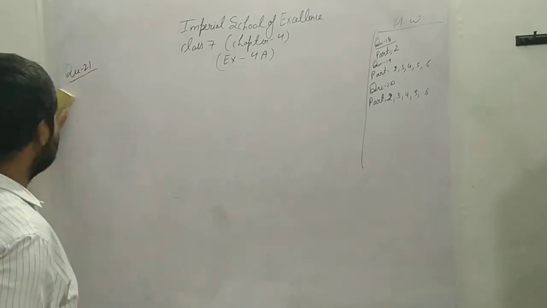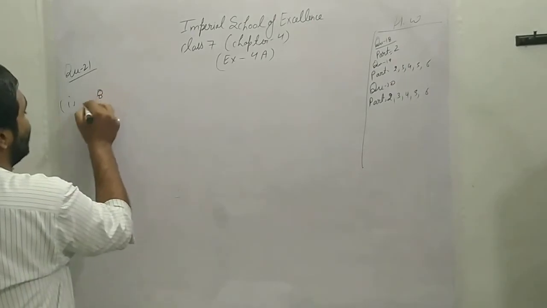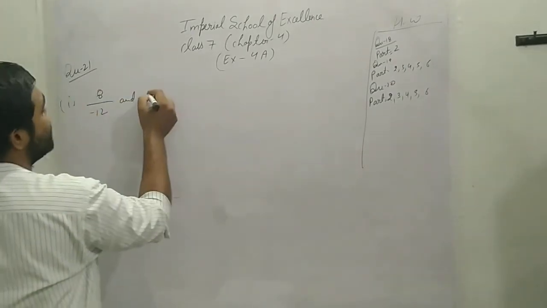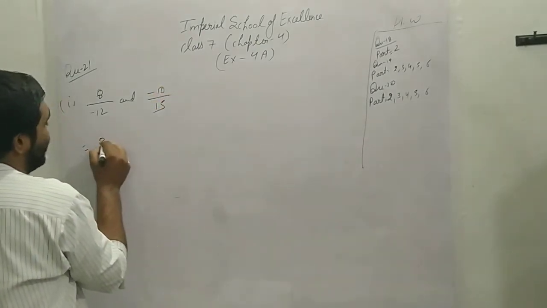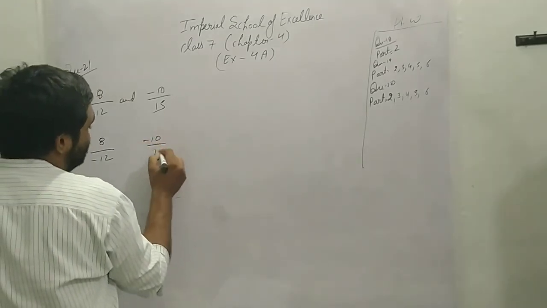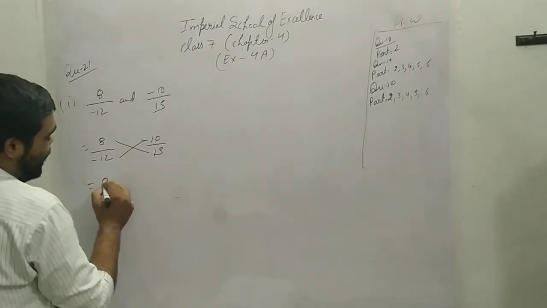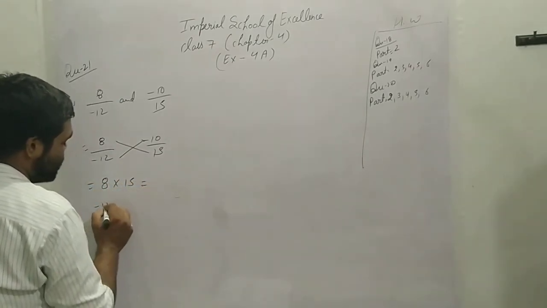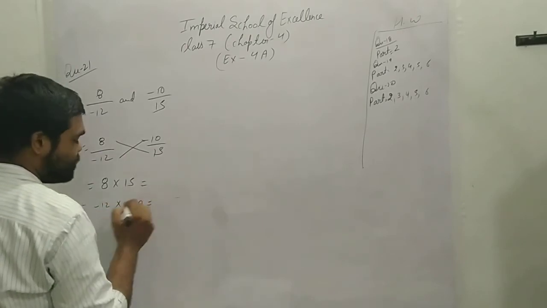क्वेश्चन नंबर 1 इज गिवन हियर: 8 upon -12 and -10 upon 15. What you have to do? Cross multiplication between the two. 8 multiplied by 15 and -12 multiplied by -10.